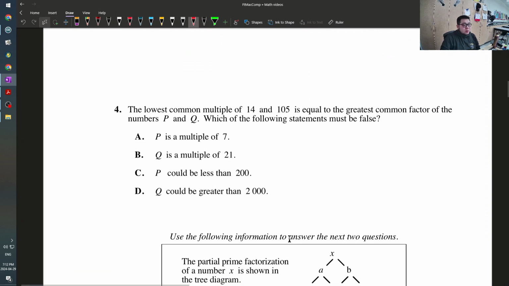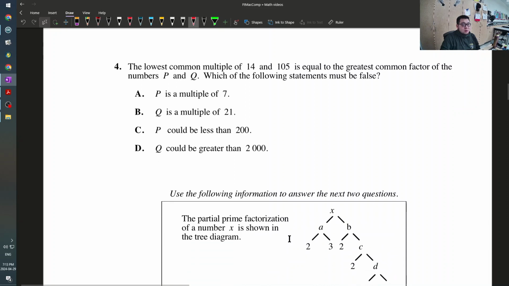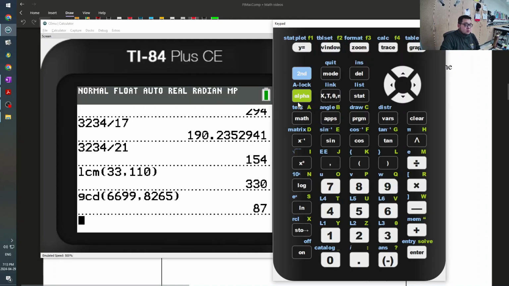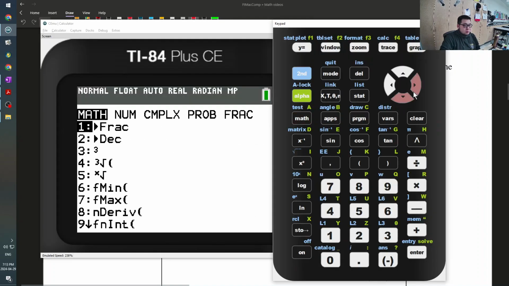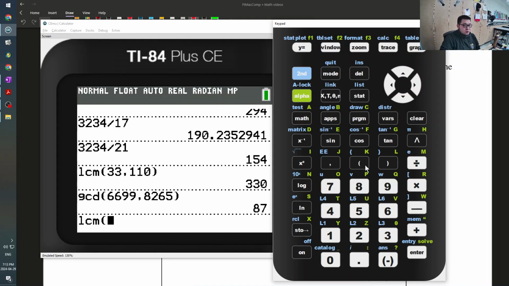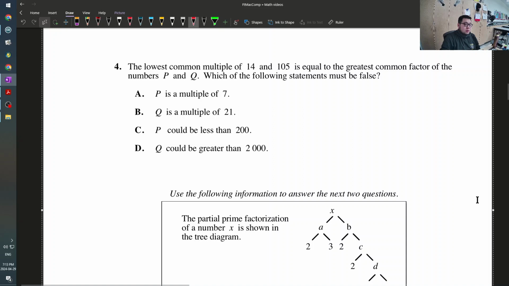The lowest common multiple of 14 and 105 is equal to the greatest common factor of P and Q. Which of the following statements must be false? So the least common multiple of 14 and 105 is 210.